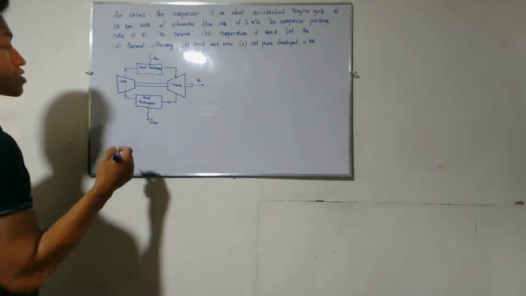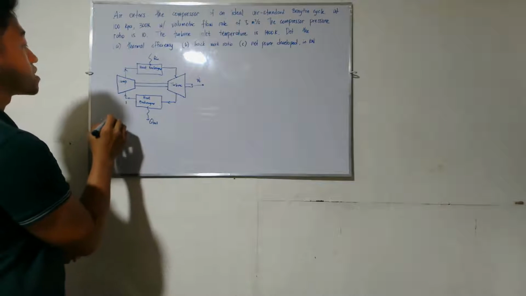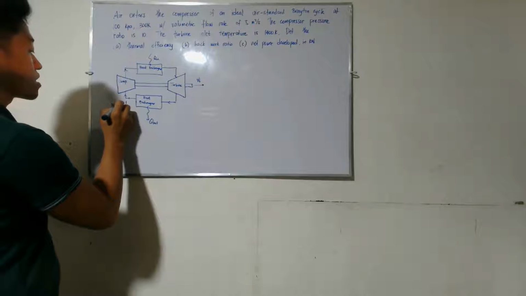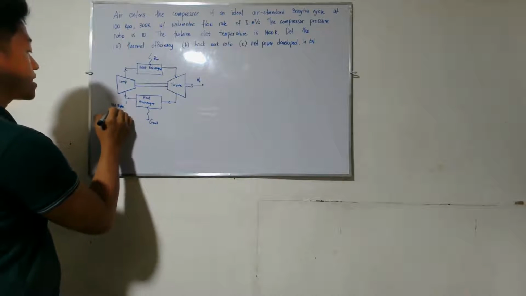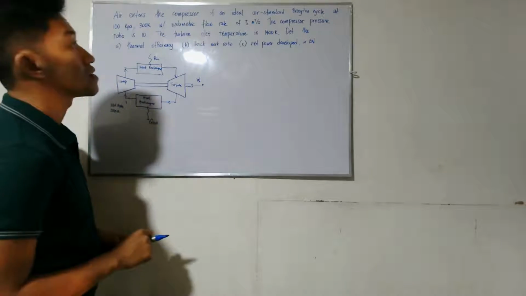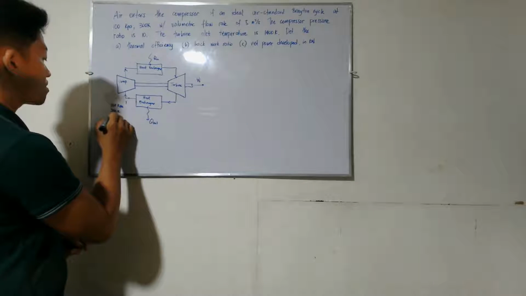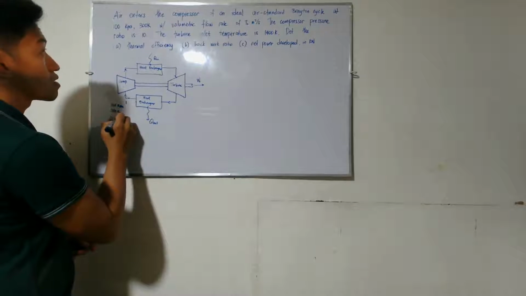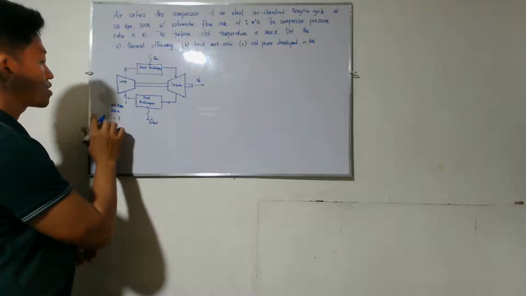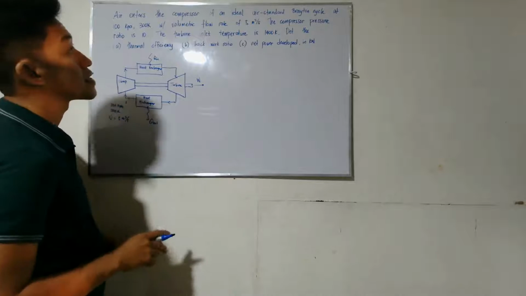So the condition at state 1, you have air at 100 kilopascal and 300 Kelvin, with a volumetric flow rate of 5 m³ per second.